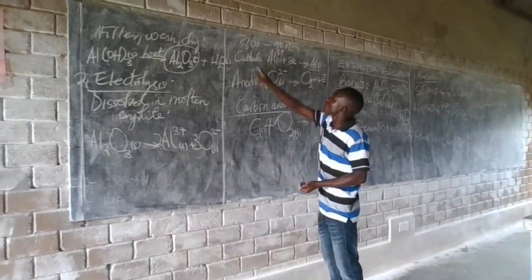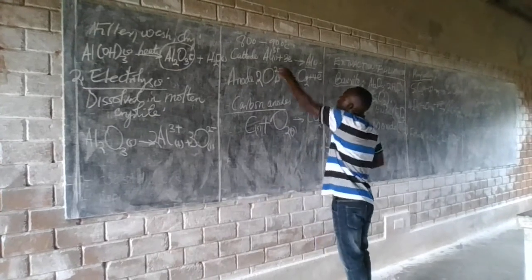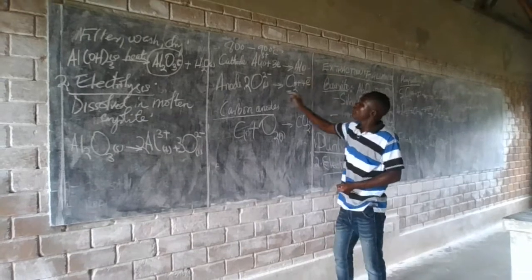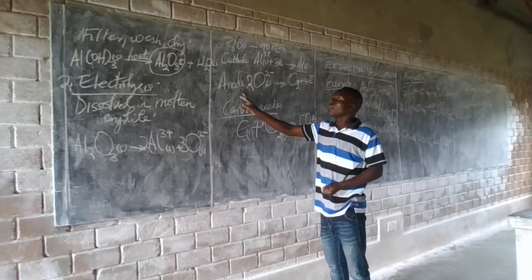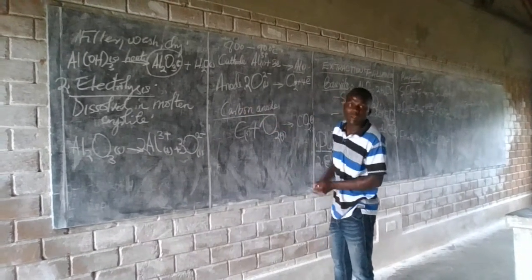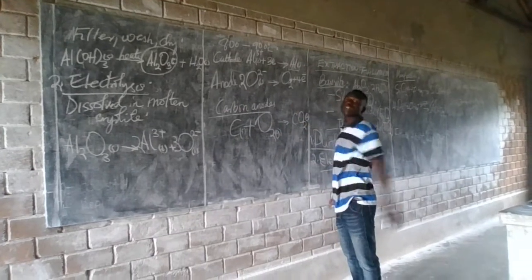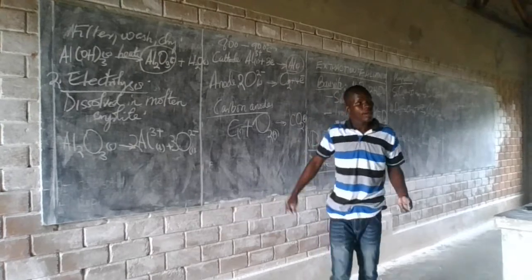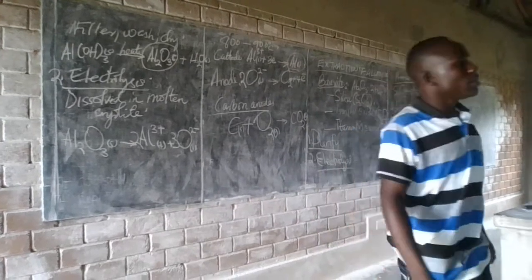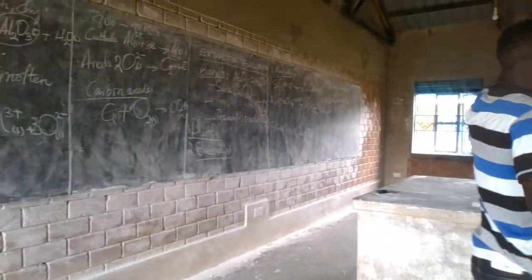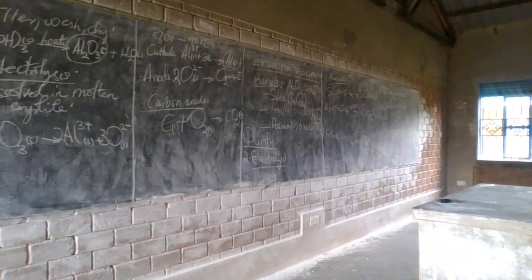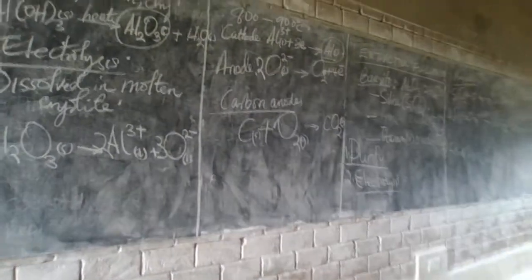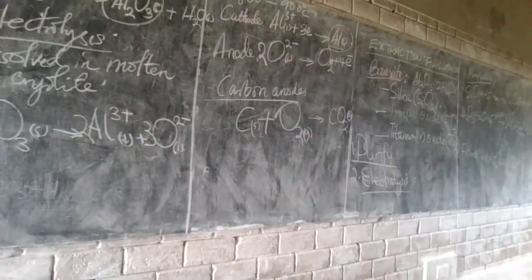So at the cathode, aluminium ion will get discharged to form aluminium. Then at the anode, oxide ion will be discharged to form oxygen gas. Aluminium is then tapped off as a liquid. Then maybe they take it to industry to purify it and make changes on it. Okay?